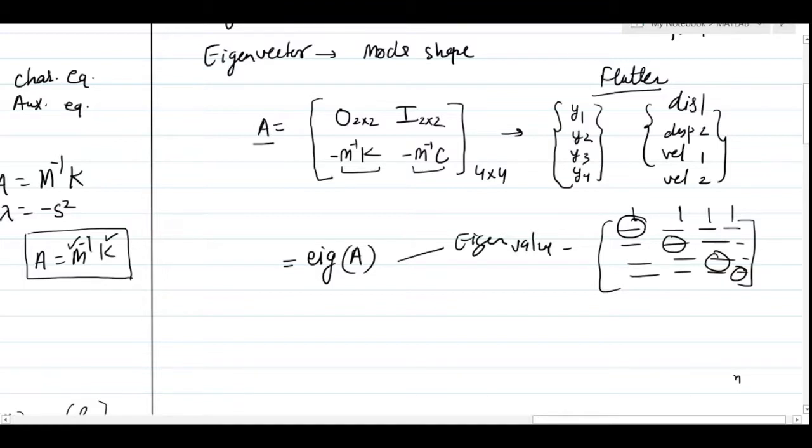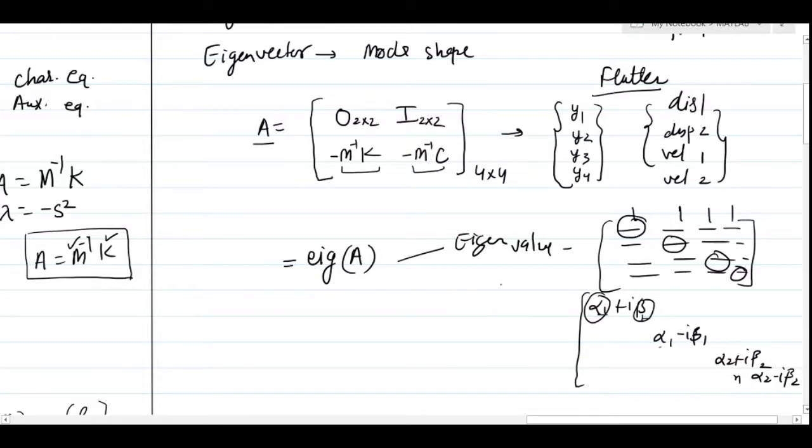For example, if the first value I write as alpha 1 plus i beta 1, the second value will be alpha 1 minus i beta 1, then alpha 2 plus i beta 2, alpha 2 minus i beta 2. So in this way you will find your eigenvalue matrix, where you only have to check this alpha part and the beta part corresponding to the first and second values, and these values are actually the eigenvalues.